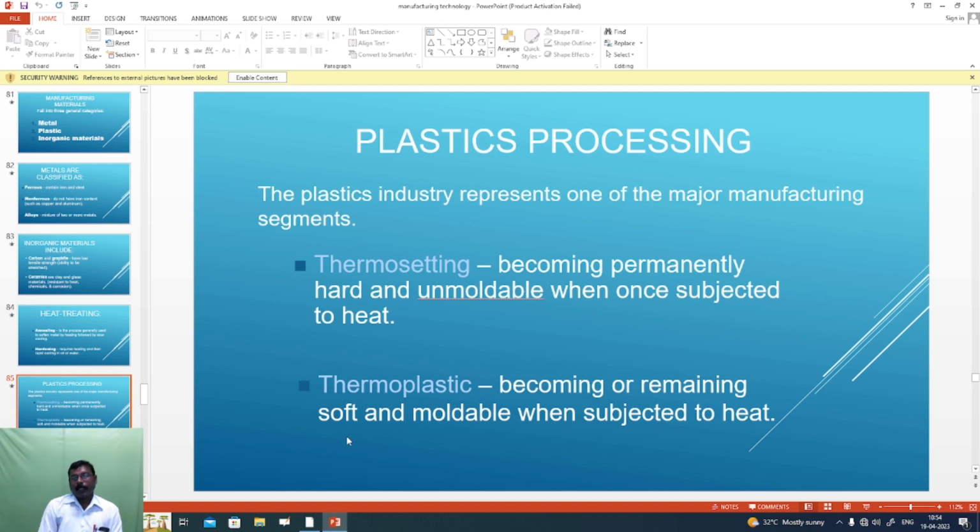That is the thermosetting process. It cannot be reprocessed. But thermoplastics, once manufactured into a product, can be reprocessed and reused. That is the difference between thermosetting and thermoplastics.